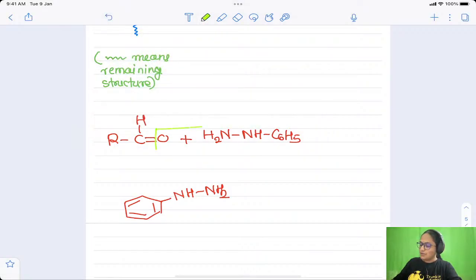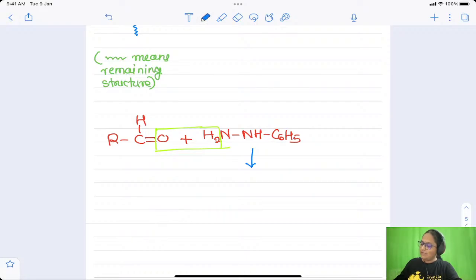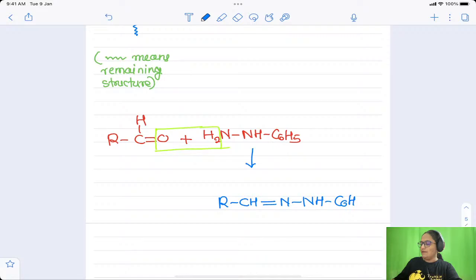Water molecule is lost from this, and after the loss of water molecule we are getting RCH double bond N NH C6H5, which is nothing but the hydrazone.